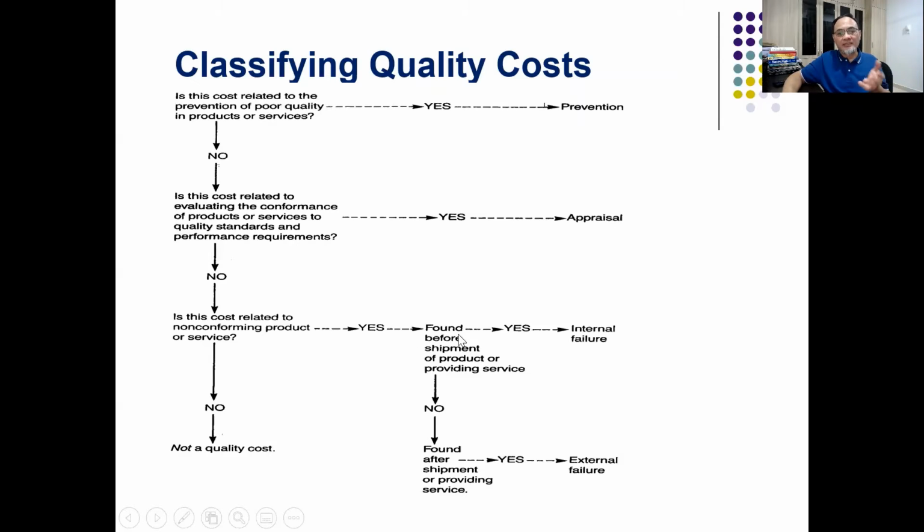And if it is yes, you have to ask the question whether you found it before shipment or after. If it is before, then internal. If it is after shipment, that is external failure cost. So it is failure cost, either it occurs internally or externally.